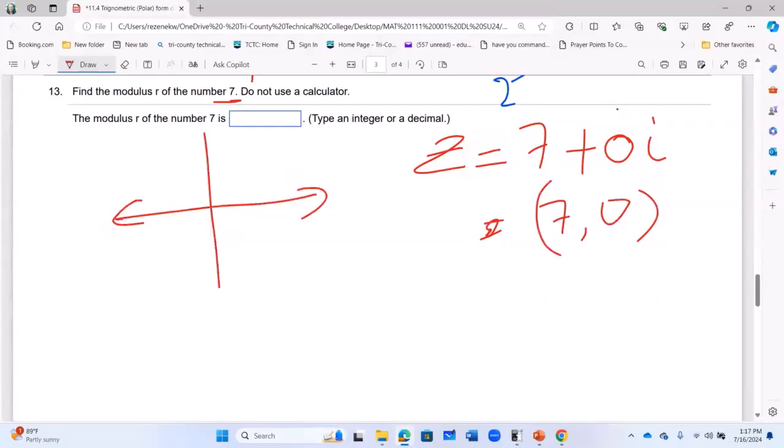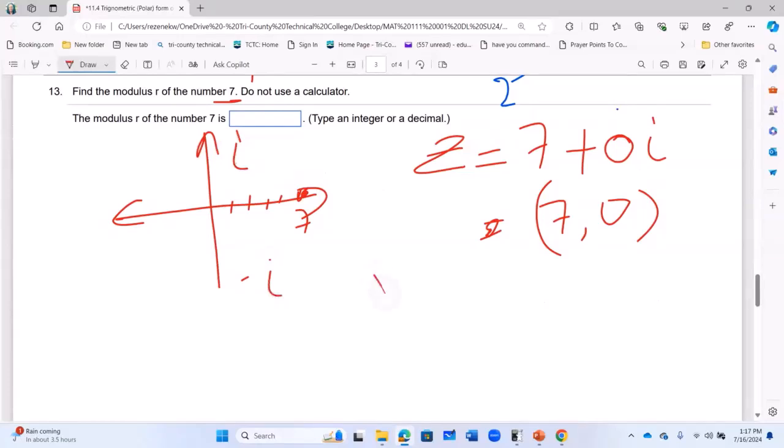When I make this sketch, I want to go to where the number is. I go 1, 2, 3, 4, 5, so I have 7 here, and this is the point. This is my i, this is my negative i. So there is no y.